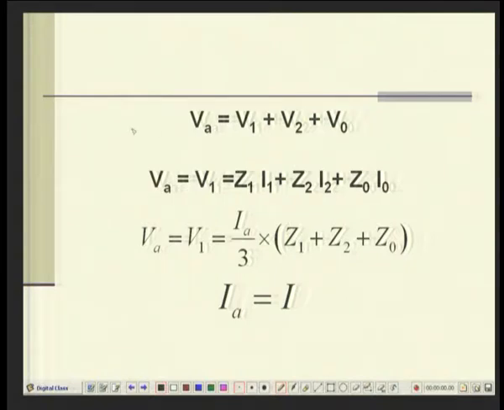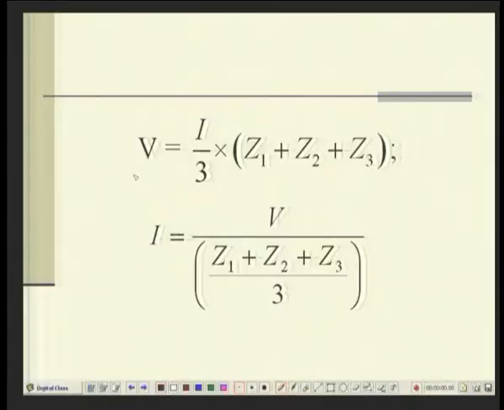So, then VA is V1 plus V2 plus V0, and V1 is I1 Z1, V2 is I2 Z2 and V0 is I0 Z0, and VA is nothing but V, equal to IA by 3, because I1 equal to I2 equal to I0 equal to IA by 3, into Z1 plus Z2 plus Z0, right. And IA means whatever is the current going from the supply is the same as the one going to the A winding only, because there is no current into the B and C windings.